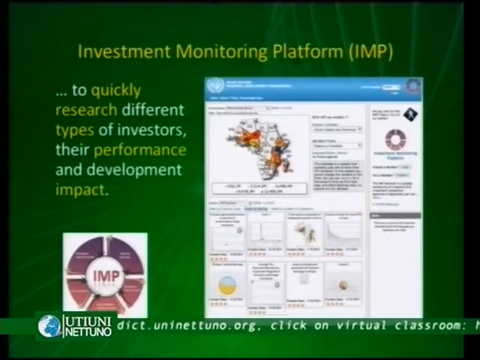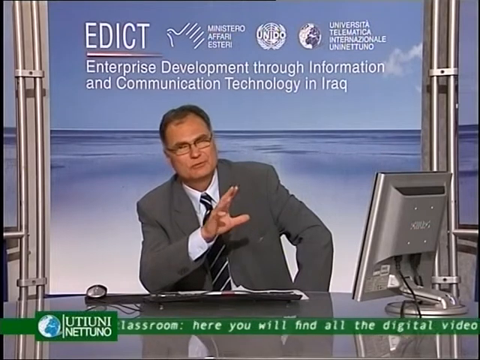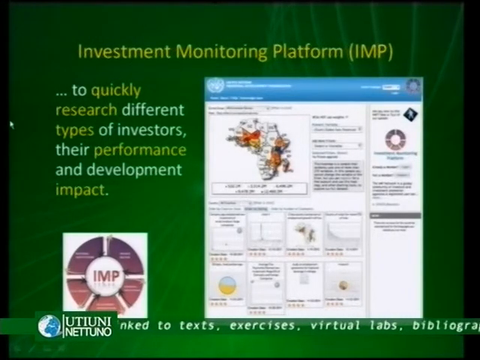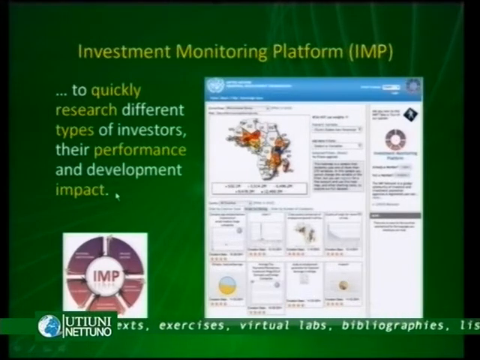From those 19 countries, we have collected data from close to 7,000 companies, domestic and foreign. And from those 7,000 companies, we have from each one about 800 or 900 variables. So there's a very in-depth level of data within that platform. So the idea is to use that data for analysis to quickly research different types of investors, their performance, and their development impact.